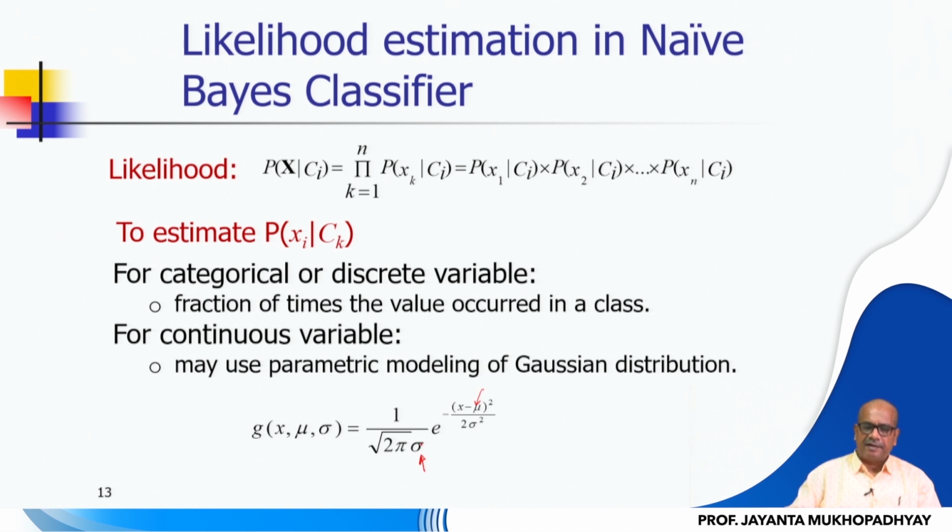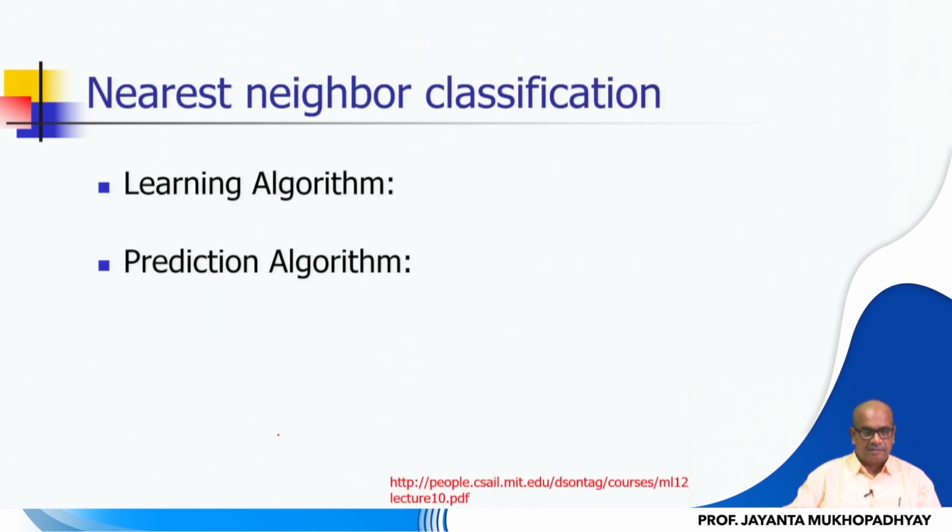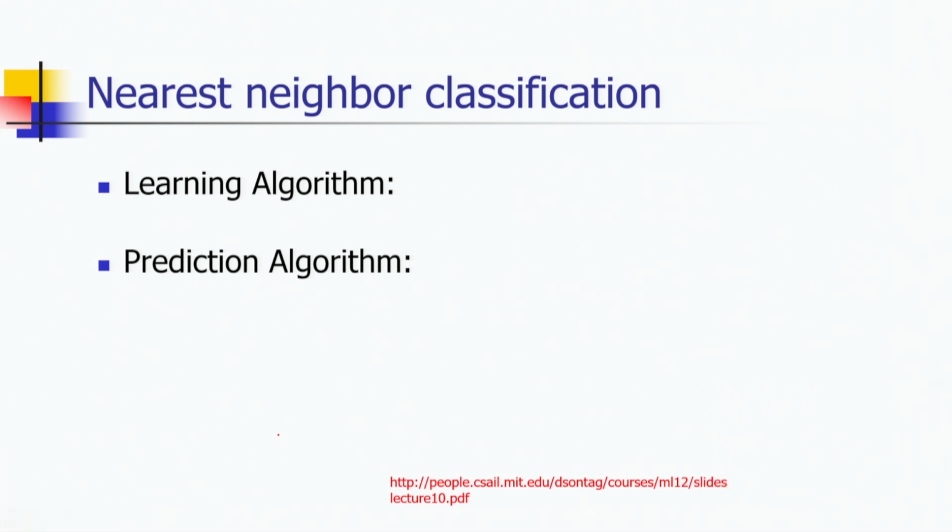Once you have estimated the parameters, then given any arbitrary value x of the attribute, you can always compute its corresponding probability density value. So this is how you can consider it. That was the probabilistic method for computing posterior probability, through which you can perform the class assignment.